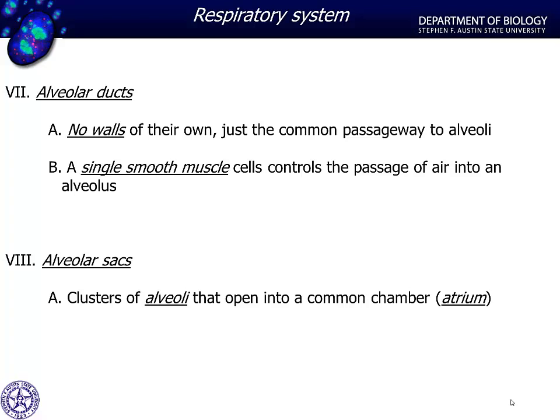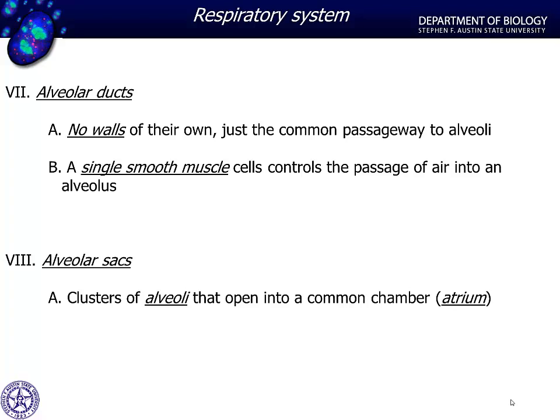And really the only way histologically we distinguish these from alveoli themselves is that surrounding each little passageway to get to alveoli, there's a single smooth muscle, and this is going to help control the passage of air from the alveolar duct into the alveolus itself.